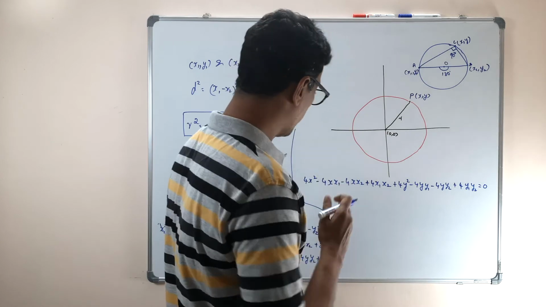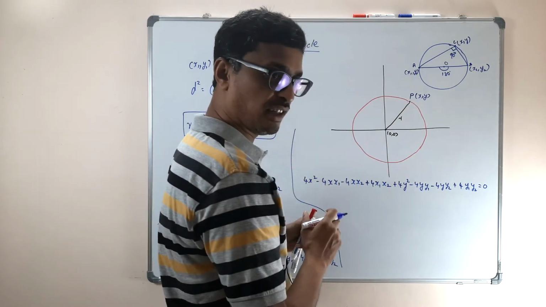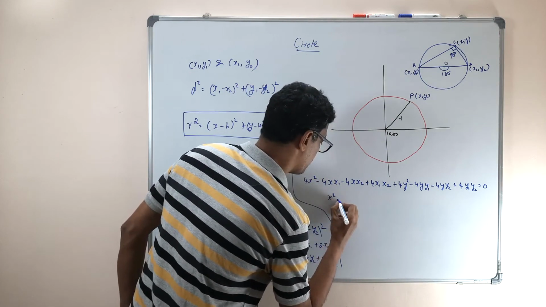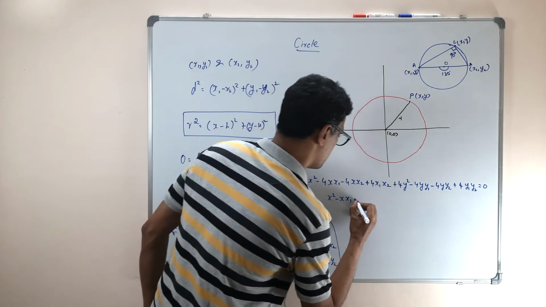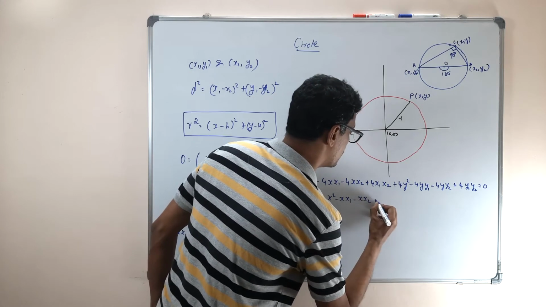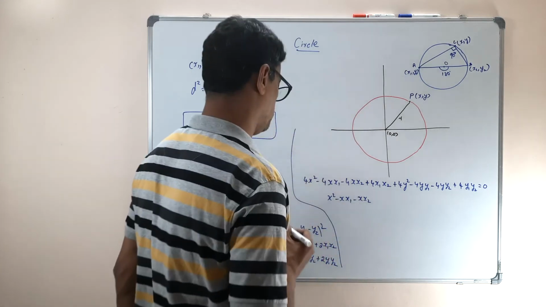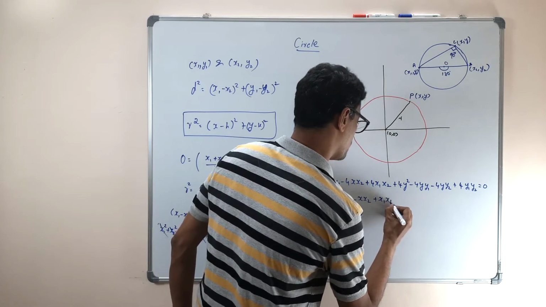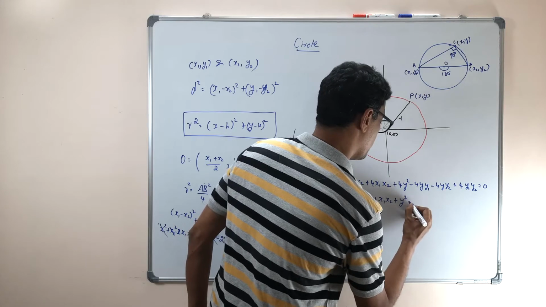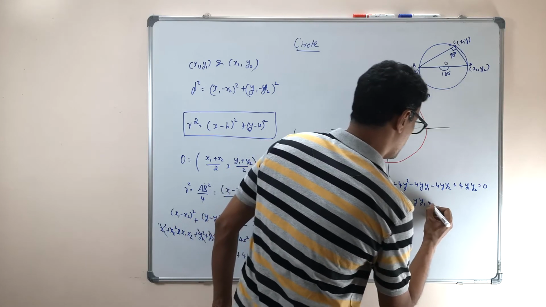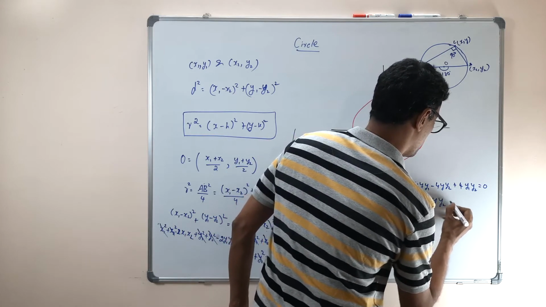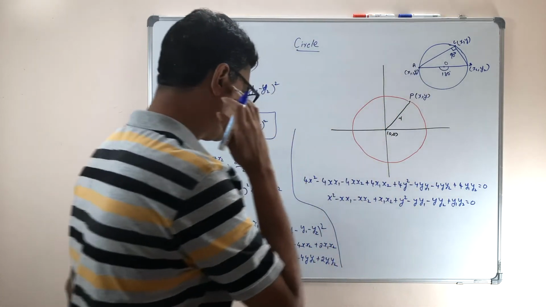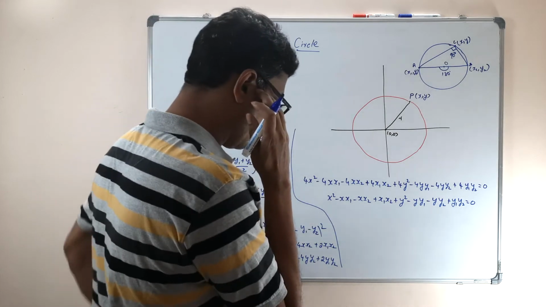Correct? Now all the 4 I can take commonly outside and the 4 goes off. So it becomes x square minus x x1 minus x x2 plus x1 x2 plus y square minus y y1 minus y y2 plus y1 y2 is equal to 0. So now let us factorize it. How are we going to factorize?